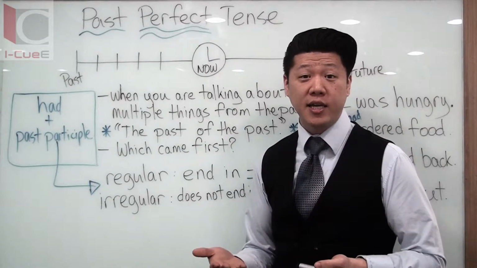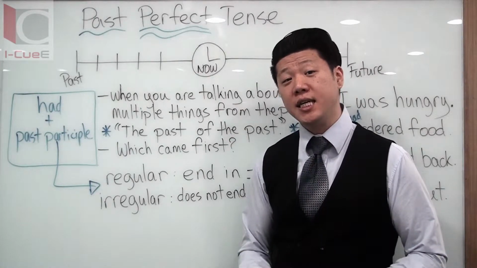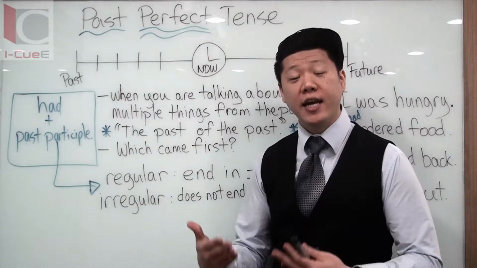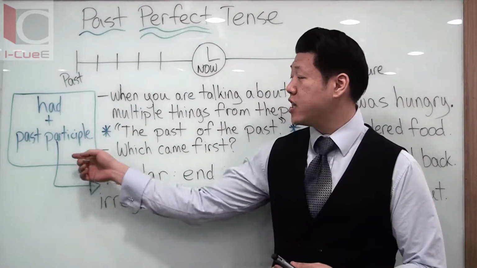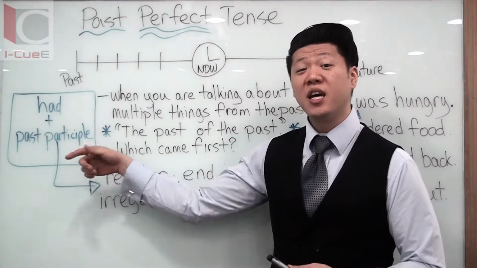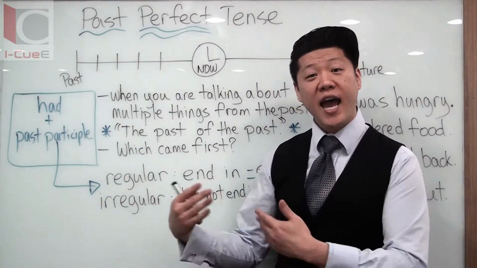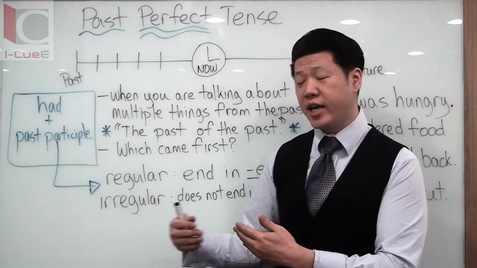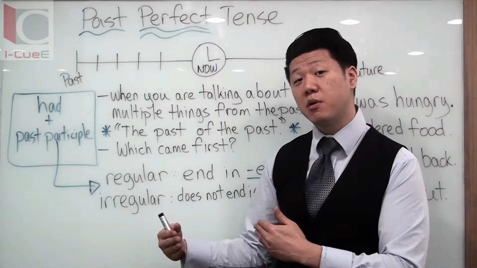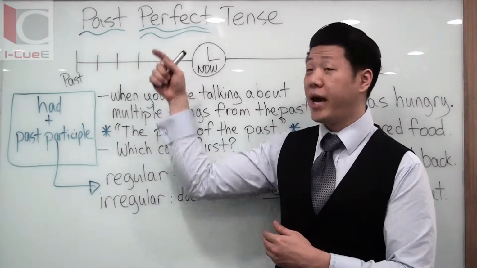Well, the simple past tense. If the verb ends in ed in the simple past tense, that is a regular verb, which means that the past participle of a regular verb is still going to be the same. It ends in ed, like ask, asked. The ed ending is the same for not only simple past, but also for the past perfect.